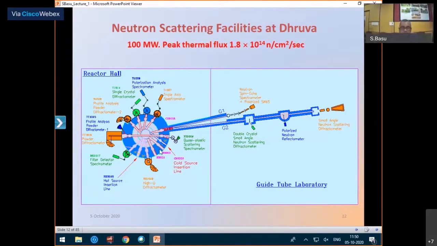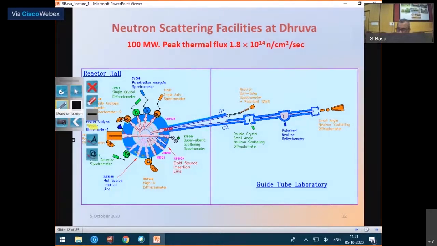So this is the plan of the reactor Dhruva, in which I show you this is the core of the reactor, and we have created holes drilled through all the shieldings reaching up to the core, so that the neutrons can come out from these beam lines.